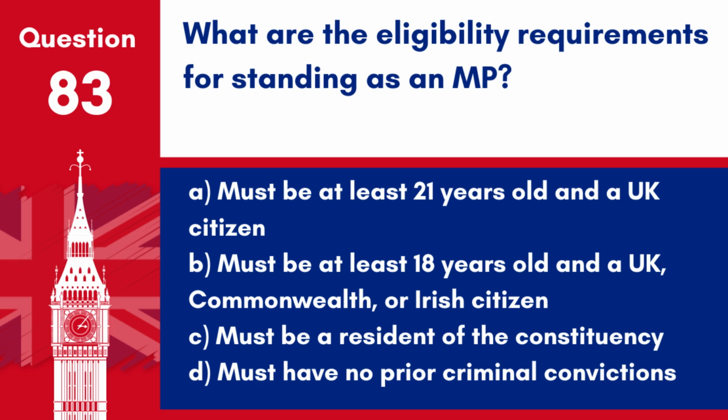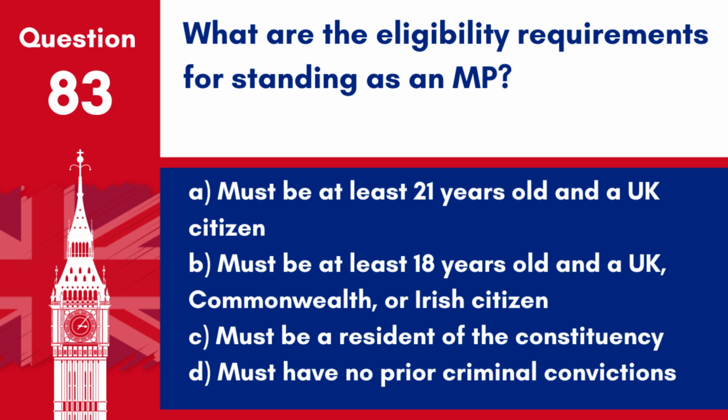Question 83. What are the eligibility requirements for standing as an MP? A. Must be at least 21 years old and a UK citizen. B. Must be at least 18 years old and a UK, Commonwealth or Irish citizen. C. Must be a resident of the constituency.